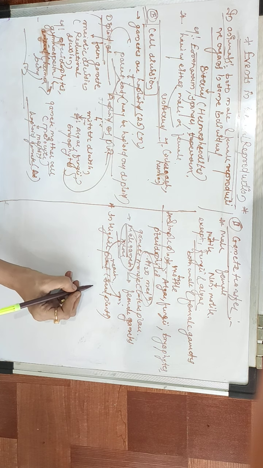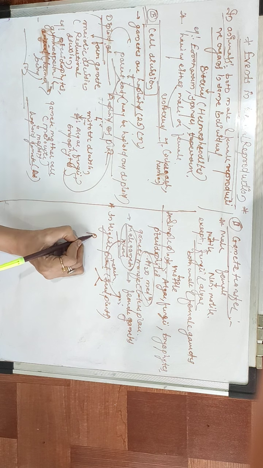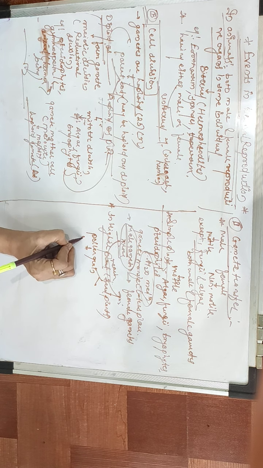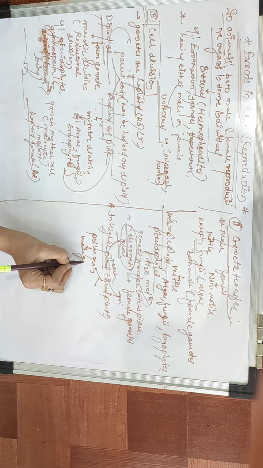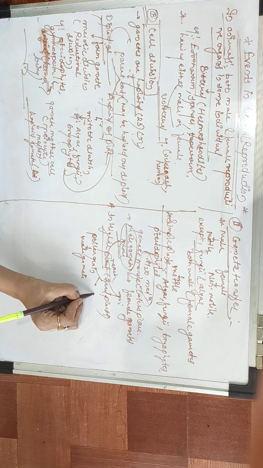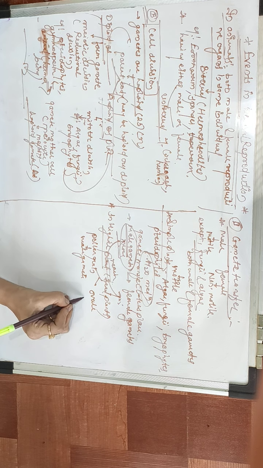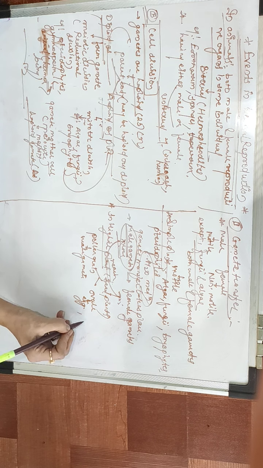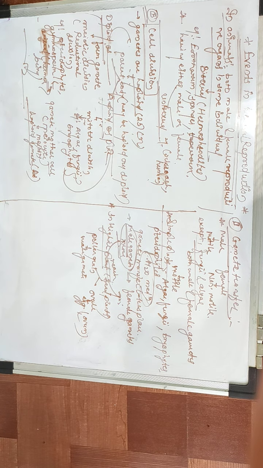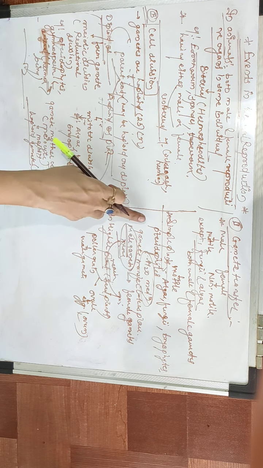Here the pollen grain carries the male gamete, and the ovule carries the egg, or we can say ovum or female gamete.